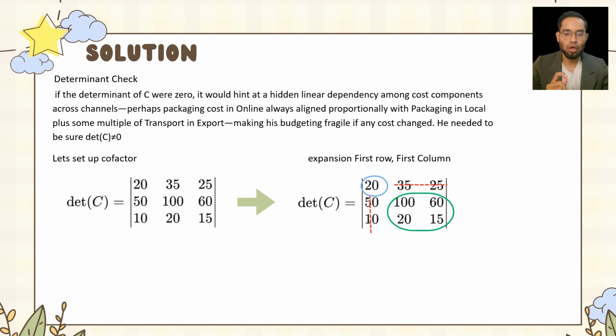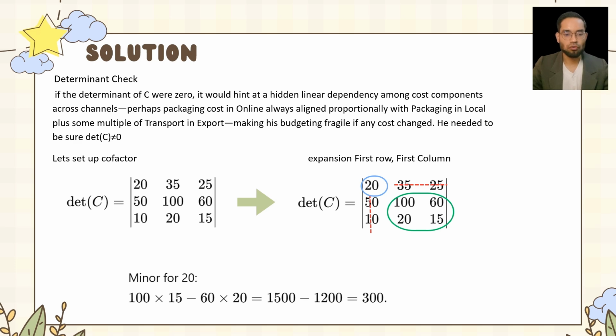But for this slide, we want to focus on 20 first, which is first row, first column. The first term is we multiply by 20 the determinant of the 2 by 2 matrix formed by removing row 1, column 1. So for 20, the calculation is 100 times 15 minus 60 times 20, equals 1500 minus 1200, which is equal to 300. Moving on to the next slide.